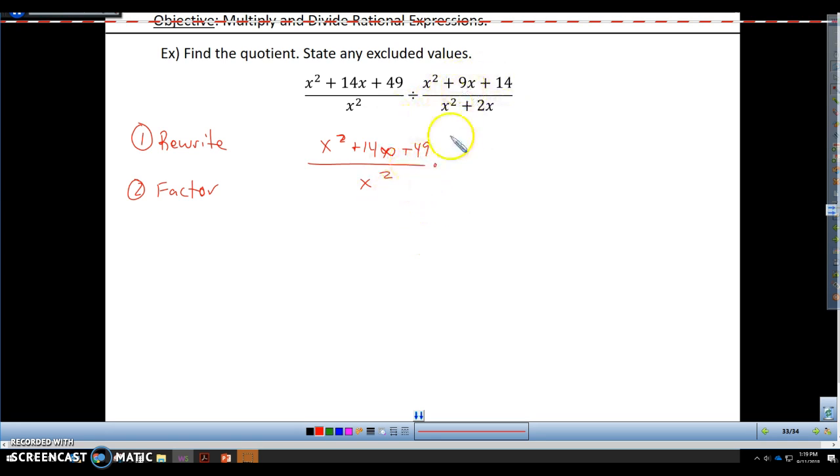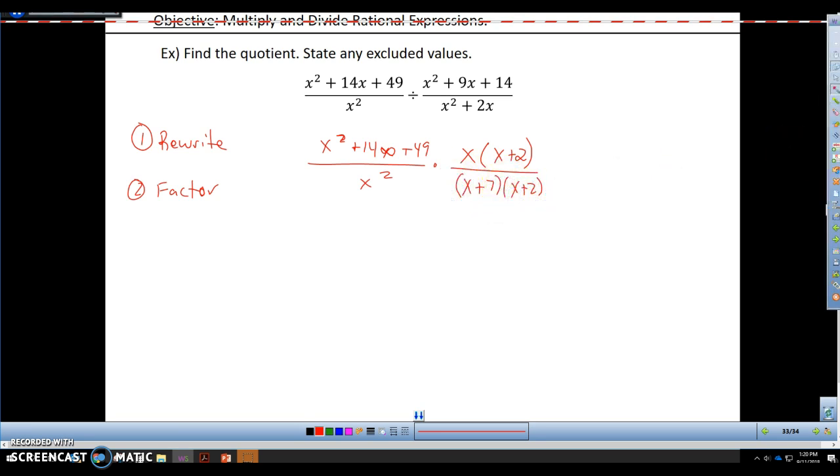And looking at our next piece here, I have x squared plus 2x in my numerator, so I'll factor out an x times x plus 2. And here, x squared plus 9x plus 14, that would be x plus 7, x plus 2.